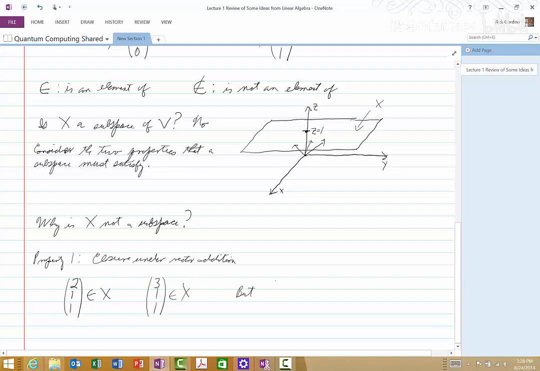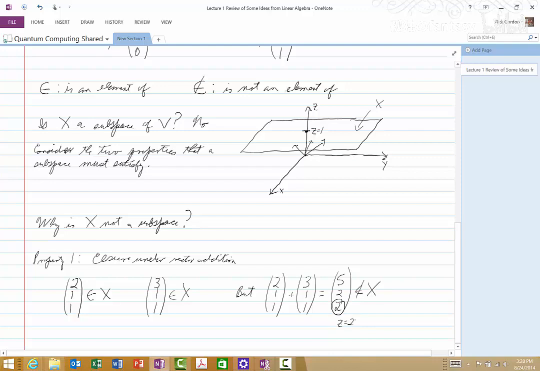But (2, 1, 1) plus (3, 1, 1) is equal to (5, 2, 2). And that vector is not in X. How do we know it's not in X? Because its Z component is equal to 2 instead of 1.